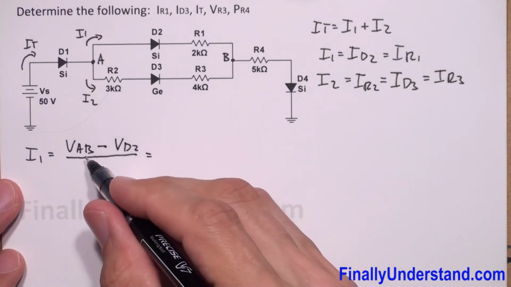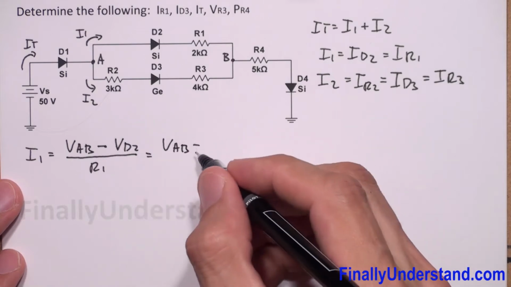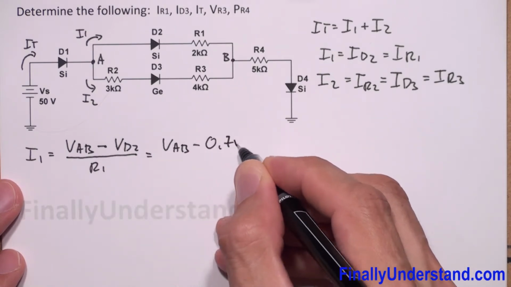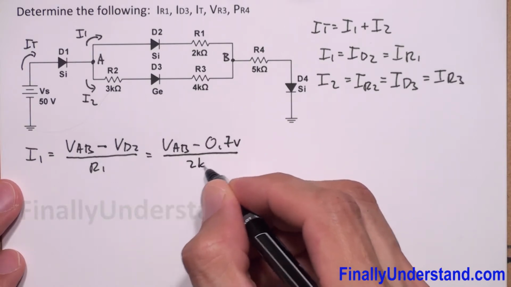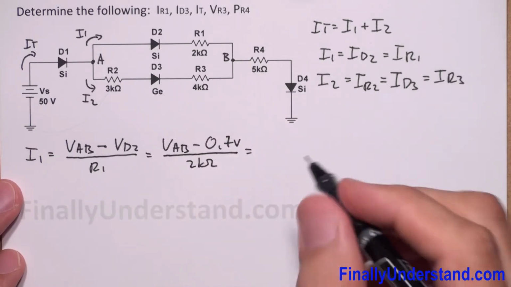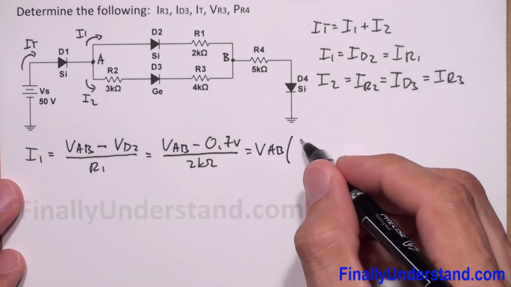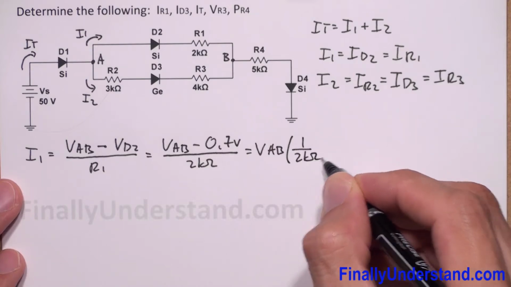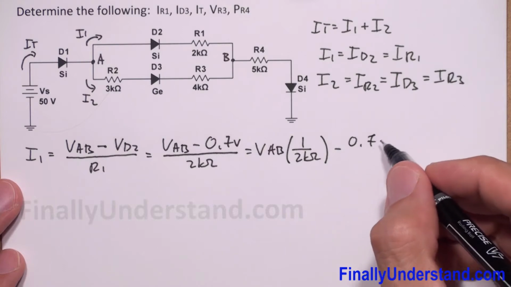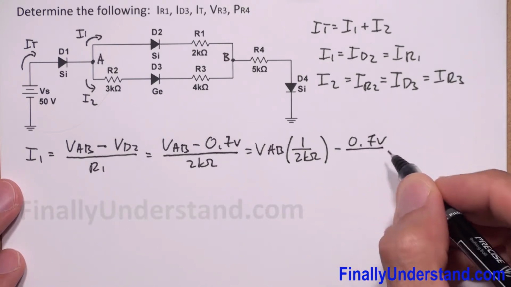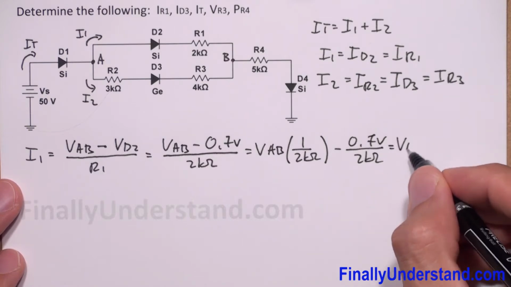So I have VAB minus VD2, which is 0.7 volts, over R1, which is 2 kilohms. I can rewrite this as VAB times 1 over 2 kilohms minus 0.7 volts over 2 kilohms.